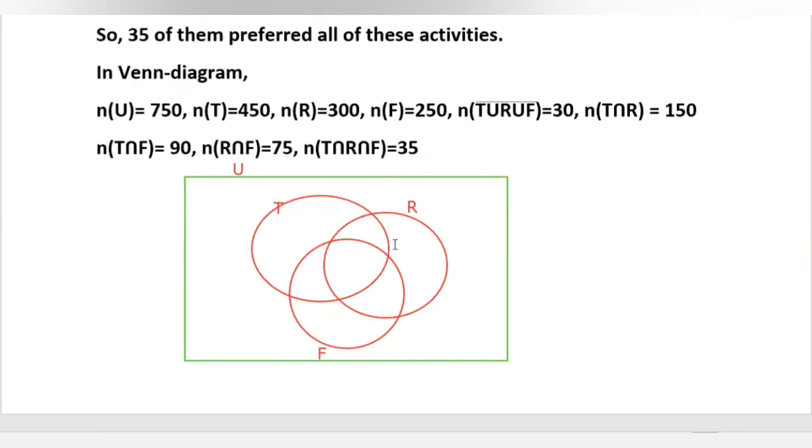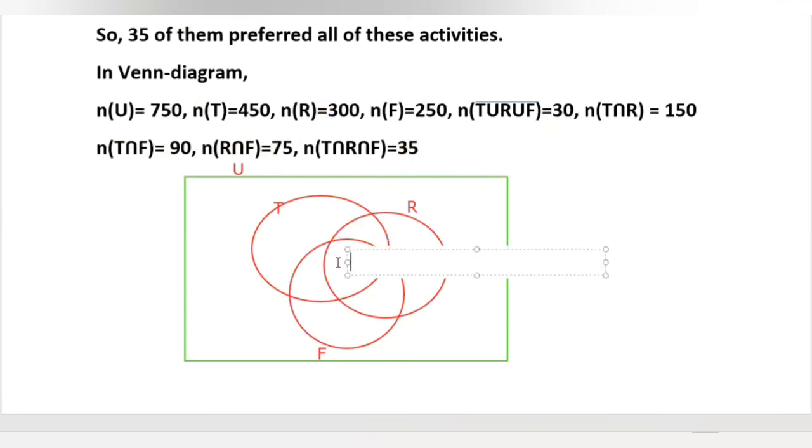Here I have written tracking, rafting and forest safari. Now we'll start from this data, which we have got already, 35. So here we write down 35, then we start in the backwards direction to fill up the data. So let's start.